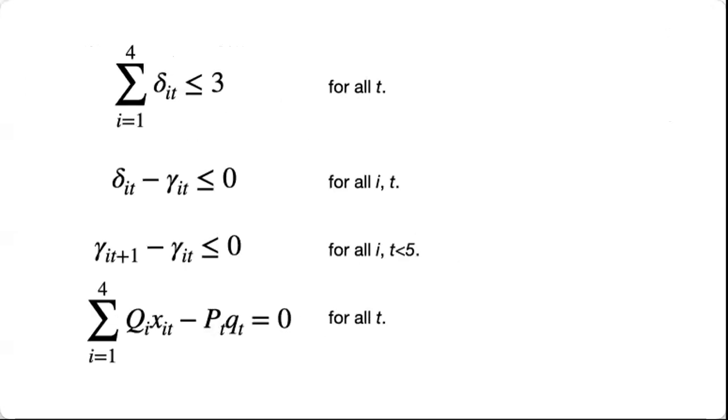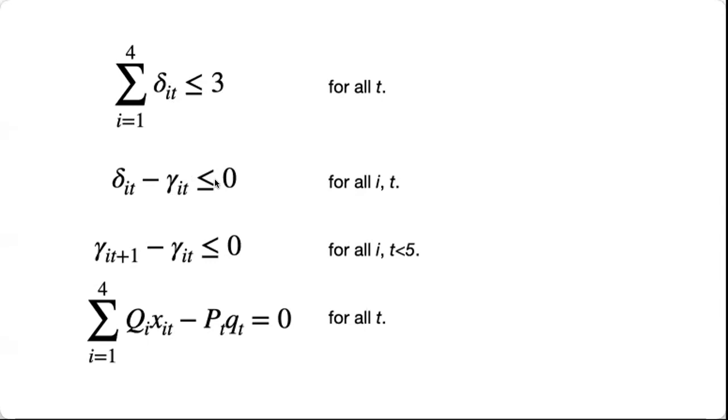Also, we have other conditions. For example, for each year, the summation of all the delta IT must be less than 3. So that means we can close only 1. And delta IT minus gamma IT must be negative or 0.